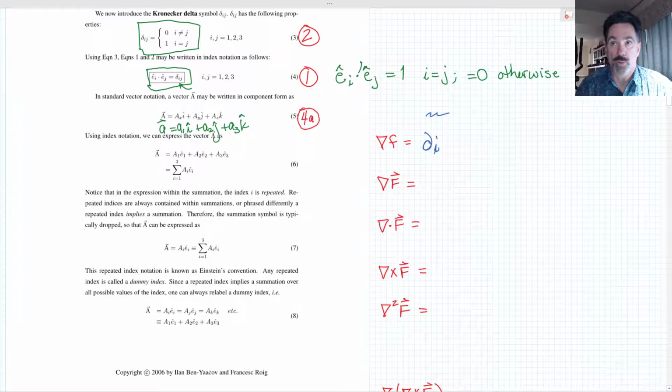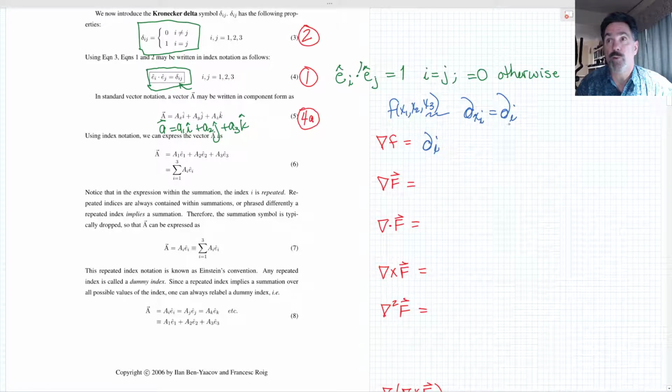So I'm taking the partial with respect to x sub I, which is being shorthanded as the partial with respect to I, where f is a function of x1, x2, x3, and so I'm taking the partials with respect to x sub I, but we're writing it in this shorthand notation, just to make sure we're clear on that. So this is the partials, and they're applied to f.